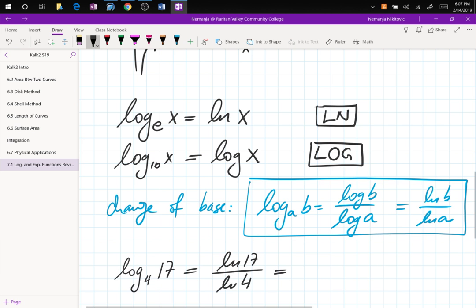So ln 17, close the parenthesis, divided by ln of 4, close the parenthesis, for approximately 2.04373. With logs, try to keep at least 4 decimals to have some decent precision. So 4 decimals should be fine. Obviously, I put 5, I'm an overachiever, but you just put 4.